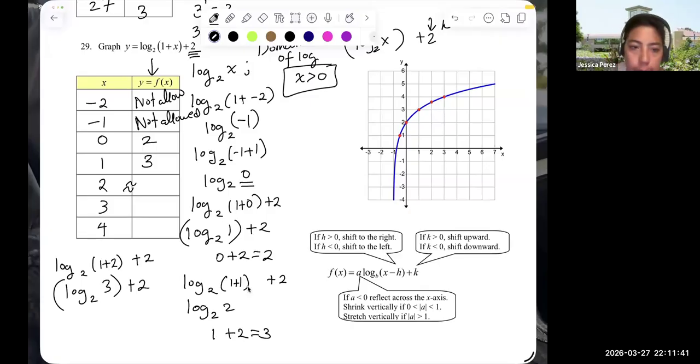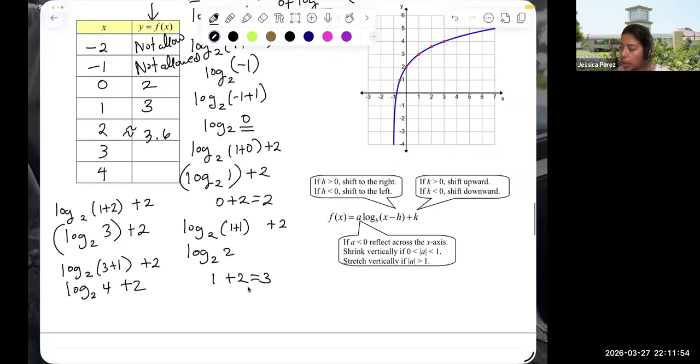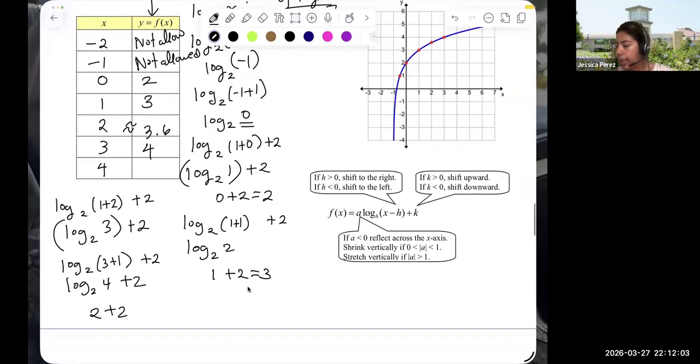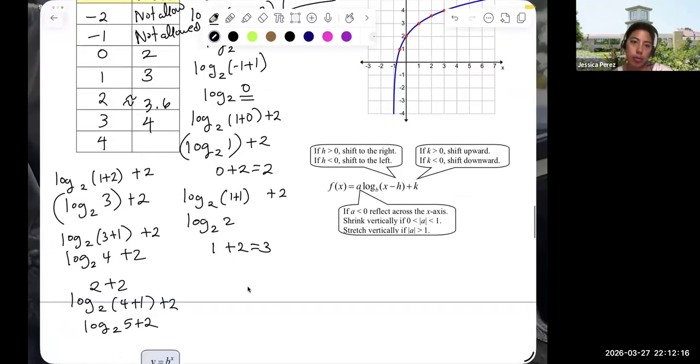When I approximate it, this will be 3.6. When I plug in 3, it's going to be log base 2 of 3 plus 1, and then plus 2, so that's log base 2 of 4 plus 2. But log base 2 of 4 is the same as 2. Plus 2, that's 4, because 2 squared is 4. And then lastly, when I plug in 4, I have log base 2 of 4 plus 1, plus 2. Again, it's going to be log base 2 of 5 plus 2. On the outside, it's going to be an approximation.